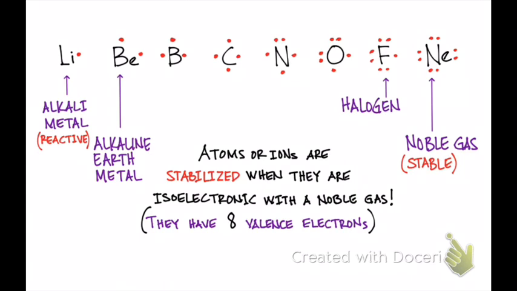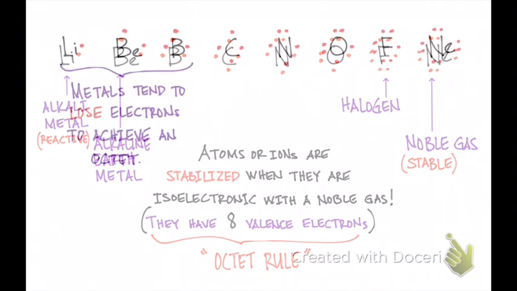When an atom or an ion has a total of 8 valence electrons, that means they're following the octet rule, as it's called. If you have 8 valence electrons total, you're satisfying the octet rule, which is basically the rule of 8 valence electrons. And when you have 8 valence electrons, then that atom or ion is considered stable.